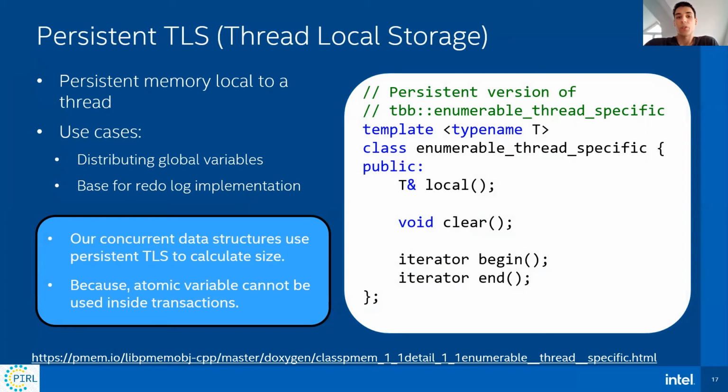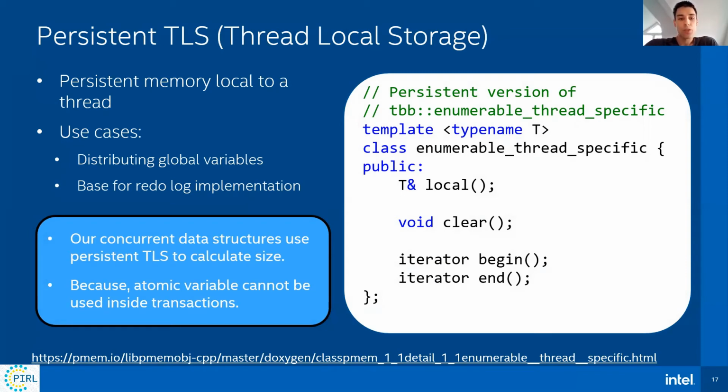Those per thread sizes can then be summed up on recovery. In our data structures, for example, in concurrent map, we also have a volatile global size, which is updated using normal atomic instructions, so that calling size is pretty fast.